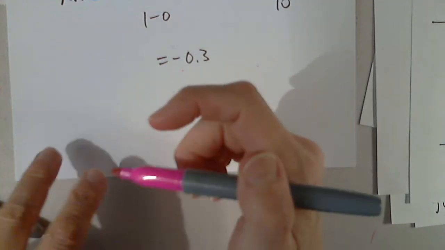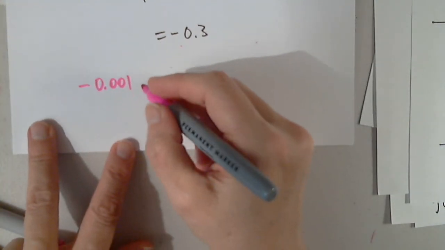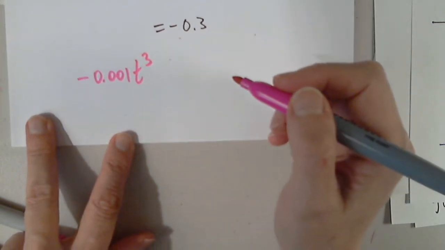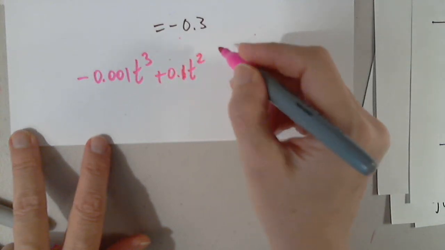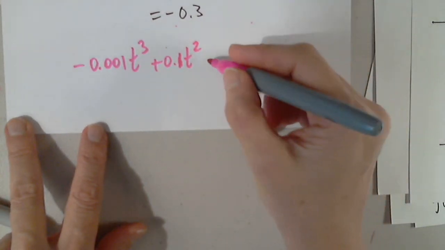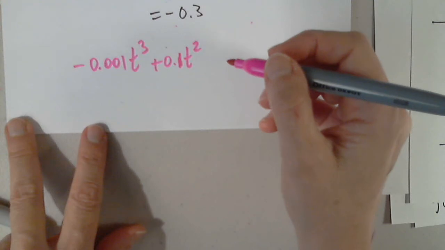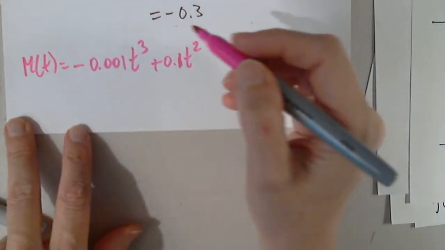It was negative 0.001 t to the third power plus 0.1 t to the second power. And then I think it was how much can you memorize in 10 minutes, something like that.